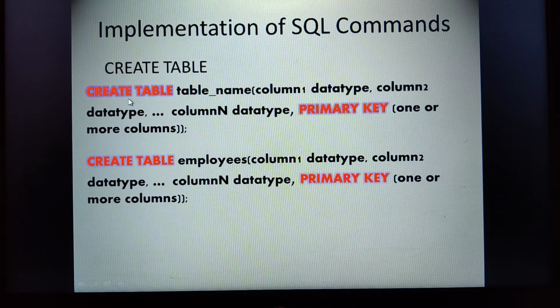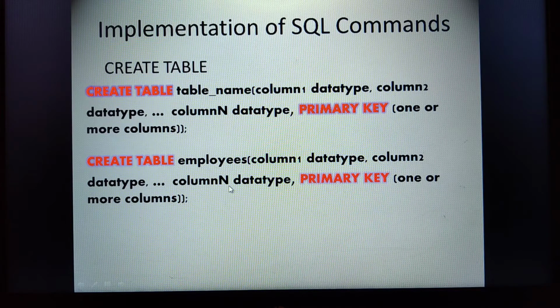Understood? So therefore create table name, followed by the column and then further its data type, again column 2 its data type up to column n. This indicates you can have n number of columns. Understood? Then comma, give the constraint. If any constraints have to be applied, specify the constraint name, and then to which column it should be applied you need to specify.